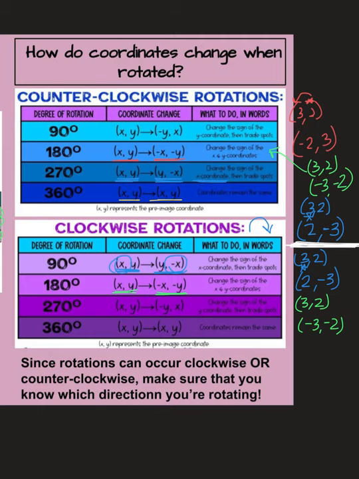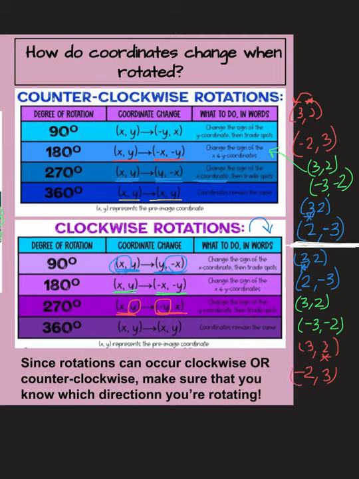Then I have my clockwise 270, 3 turns to the right. xy becomes negative yx, so the y's are going to switch spots and become the opposite. So 3, 2 again. So the y coordinate is going to become the opposite. So if it was 2, it's going to become negative 2. That's going to switch spots, and the x will stay the same.